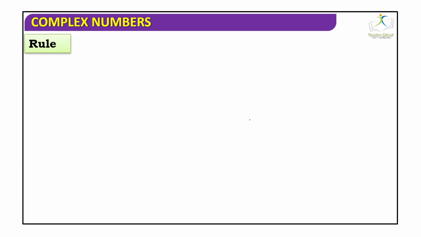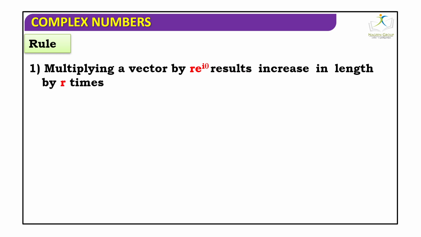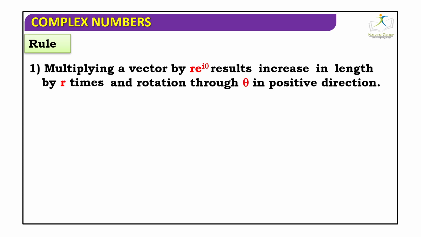Now, here, rules. Multiplying a vector by r e^(iota theta) results in an increase in length by r times. So the length becomes r times, an increase. And rotating through theta in the positive direction means that we are rotating in the positive direction.